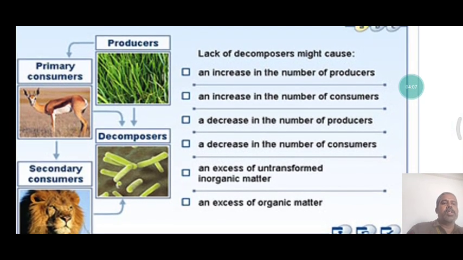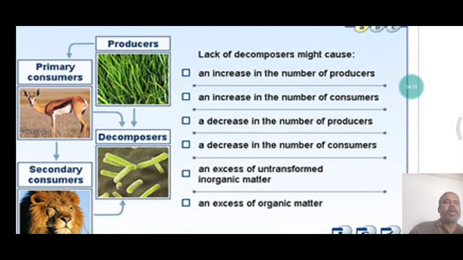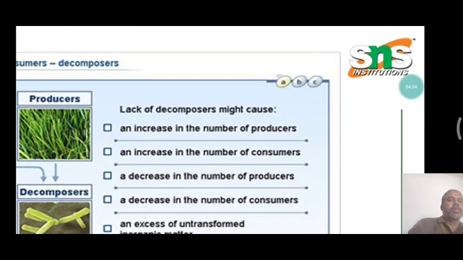Some points: the lack of decomposers might cause a decrease in the number of producers, a decrease in the number of consumers, and an excess of untransformed inorganic matter and organic matter.